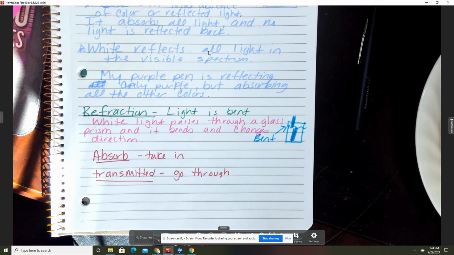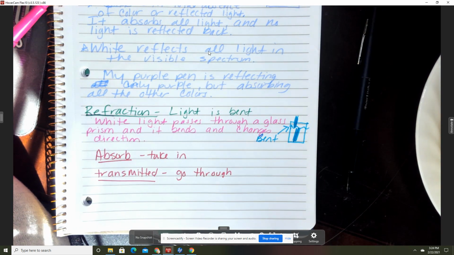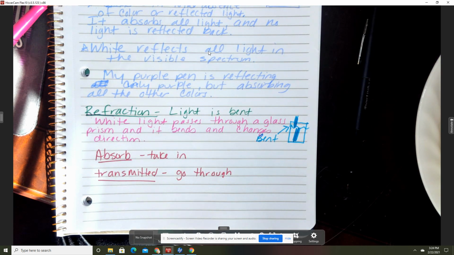Absorbed would be like my black pants. I can feel the light from my window. The sunlight is getting absorbed into my black pants, because black will absorb all of the light. And that's why if you're doing something outside in the summer, you want to wear a light colored shirt as opposed to black shirts, because they will make you hotter.